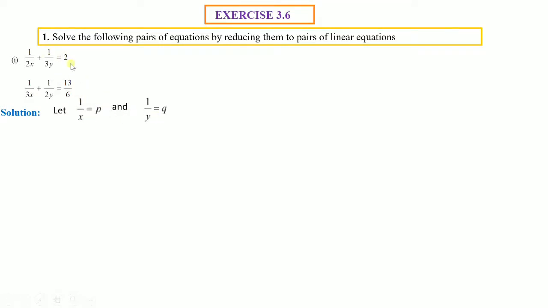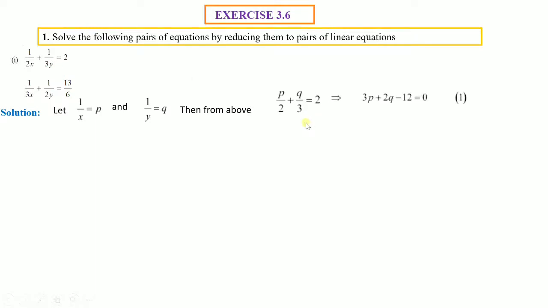Then from these equations, instead of 1 upon x we have p upon 2, and 1 upon y we have supposed equal to q, so q upon 3 is equal to 2.